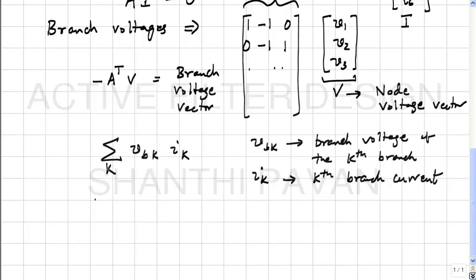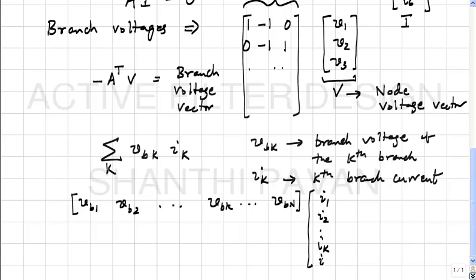So what is the sum over k of VBK IK? It's simply the branch voltage vector VB, with its n branch voltages, multiplied by the vector I1, I2, IK, IN.